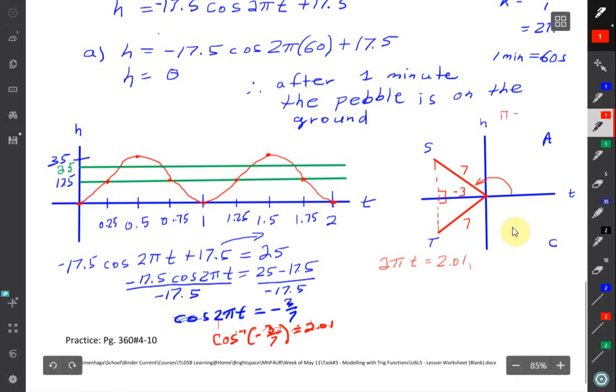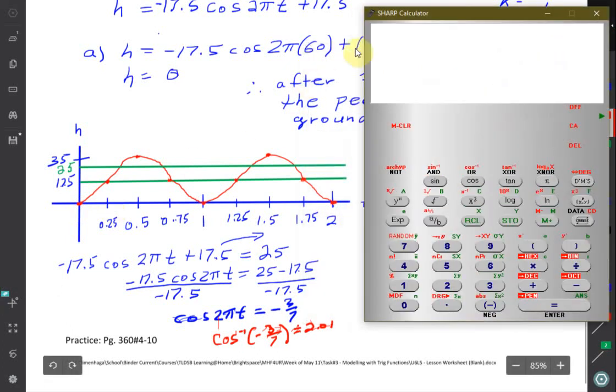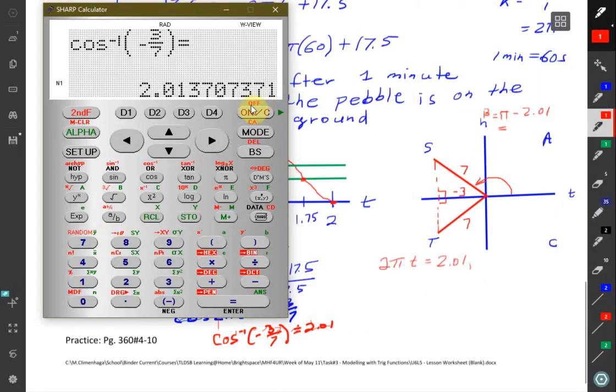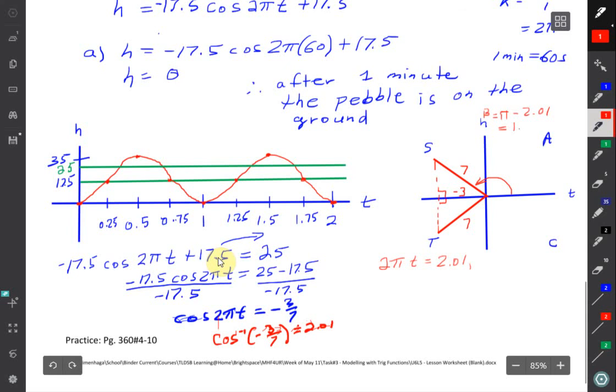Pi minus 2.01, and this is our related acute, which is beta. That gives us 1.13. So that's our related acute.